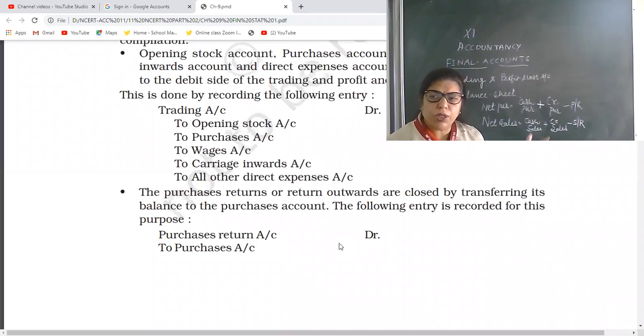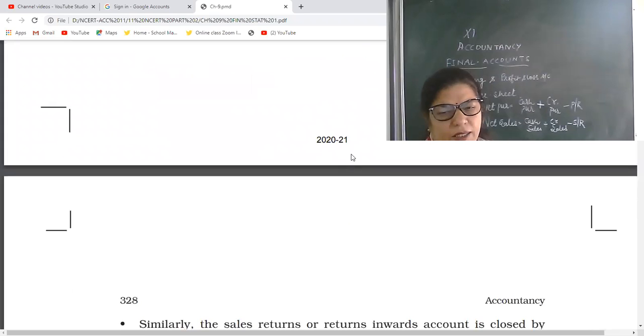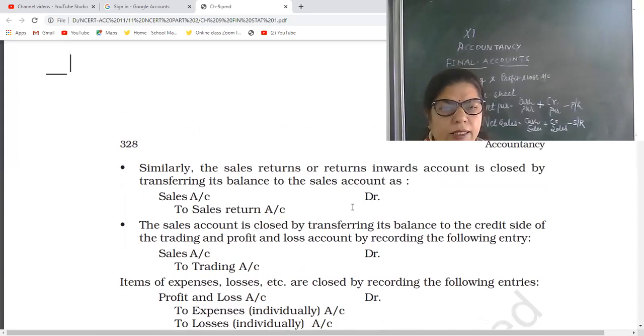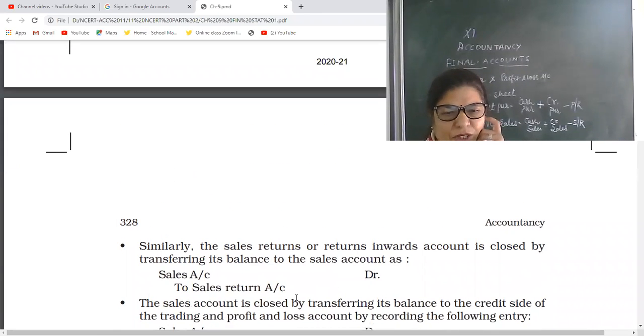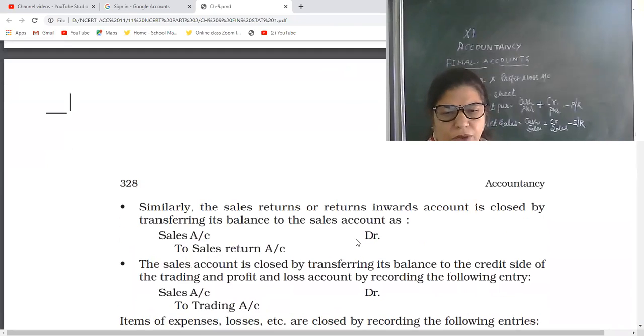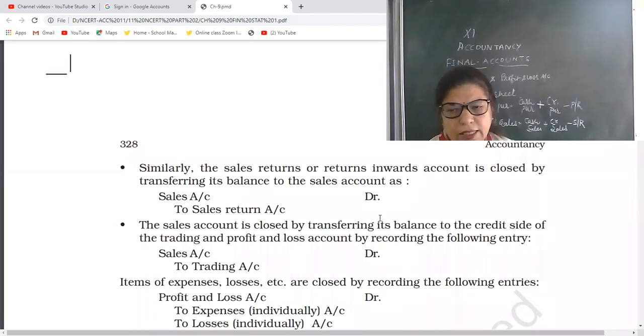So what to do about purchase return and sales return? Purchase return is to be transferred to the purchase account and sales return to the sales account. Then you will come to know about net purchases. Good? Yes. Now similarly, sales return is also transferred to the sales account. Good. Now how to transfer sales? What will be the closing entry for transferring of sales? Note down: sales account debit to trading account.